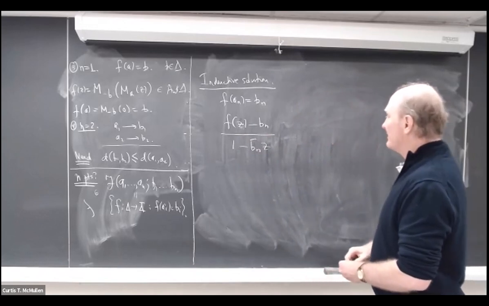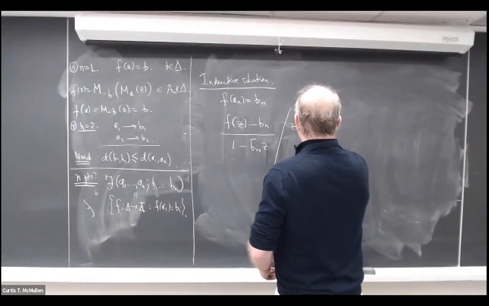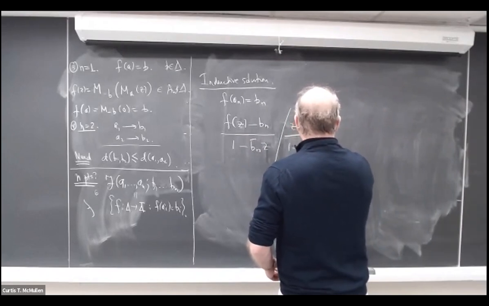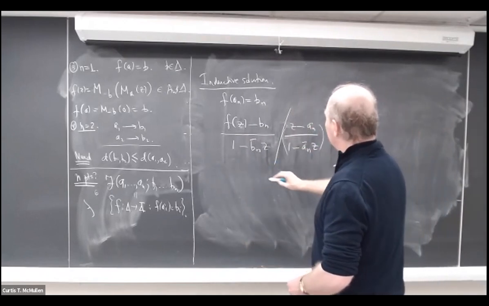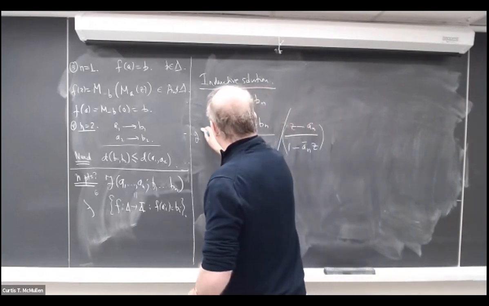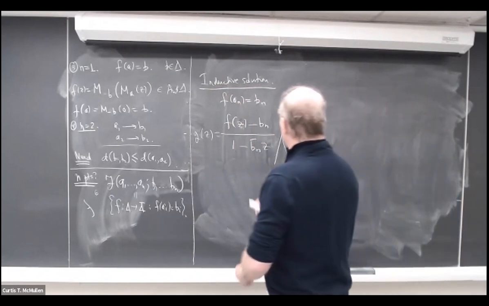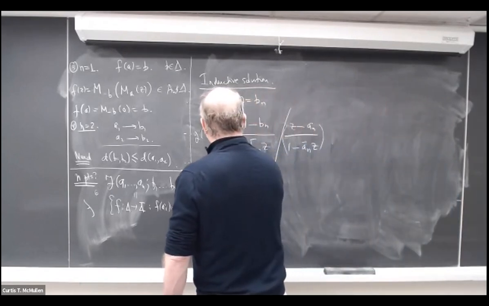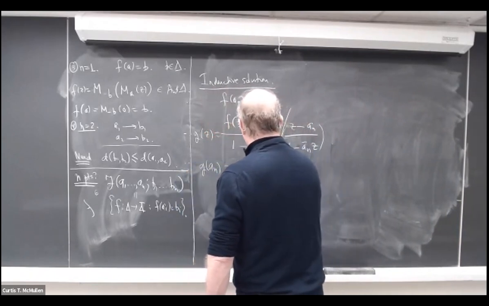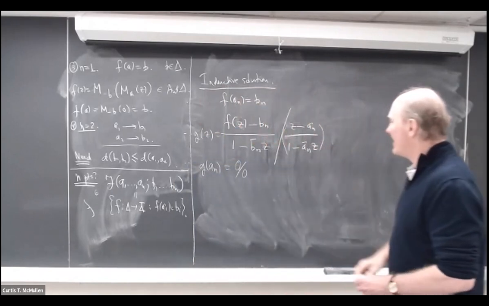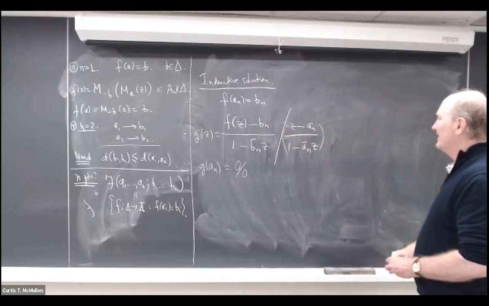Now there's another function we know that when we plug in an gives us 0. That's our friend z minus an over 1 minus an bar z. So we can take the ratio of these two functions and call it g of z. And since g of an is equal to, shall we say, 0 over 0, that is both the top and bottom have, this has at least a simple 0 there, this has at worst a simple 0 there.